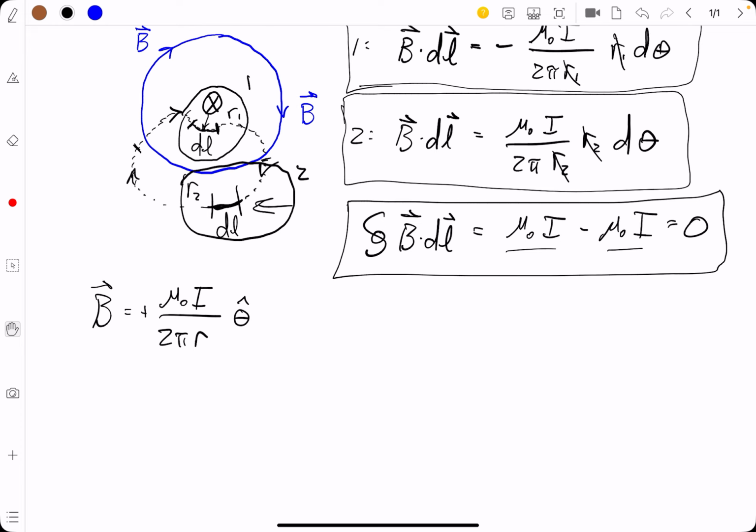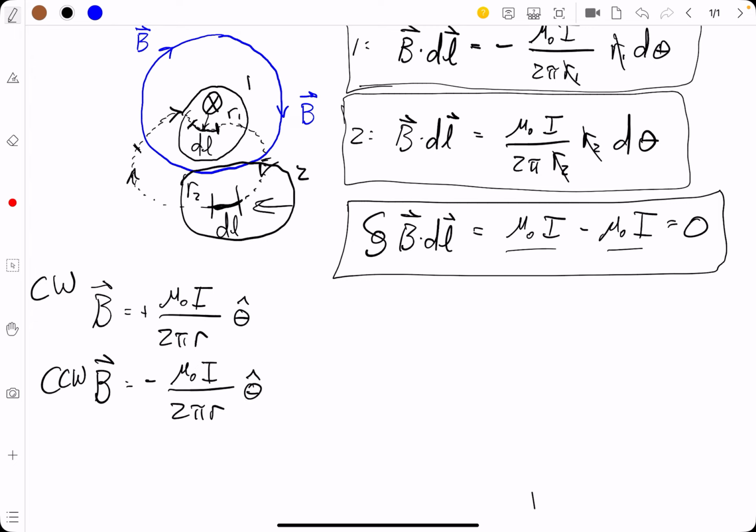So let's just look at our stuff here. We're going in a clockwise fashion. Now, if we were to go anti-clockwise, counterclockwise, we'd end up with negative mu naught I over 2 pi R.